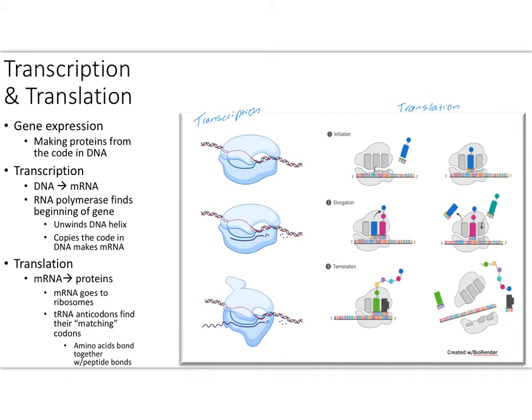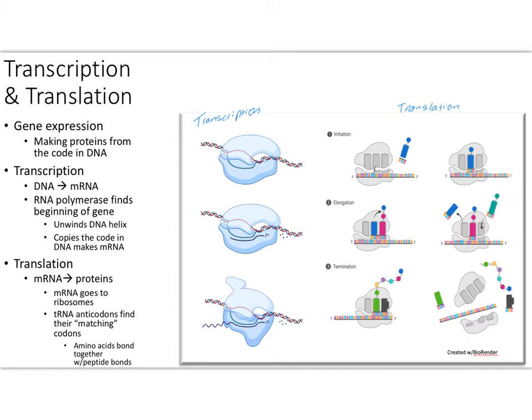Each of these processes has three phases: an initiation phase, an elongation phase, and a termination phase. So we'll start with transcription and talk about initiation, elongation, and termination in transcription.